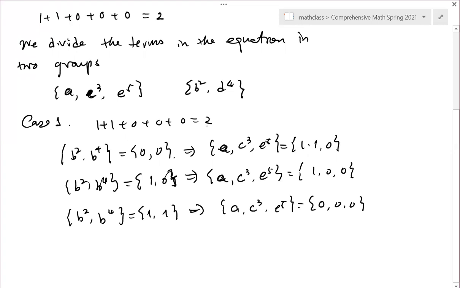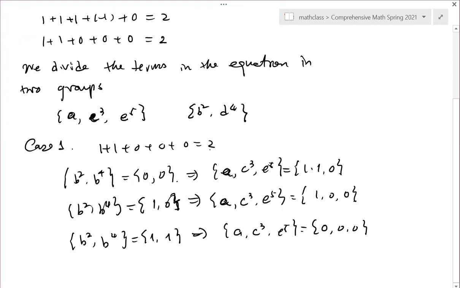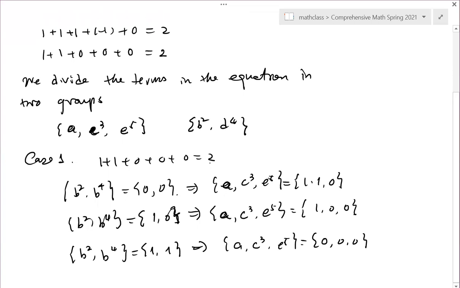Now you can find out how many possible ways to write each. The first one: b and d have a unique solution, because b must be 0 and d must be 0.